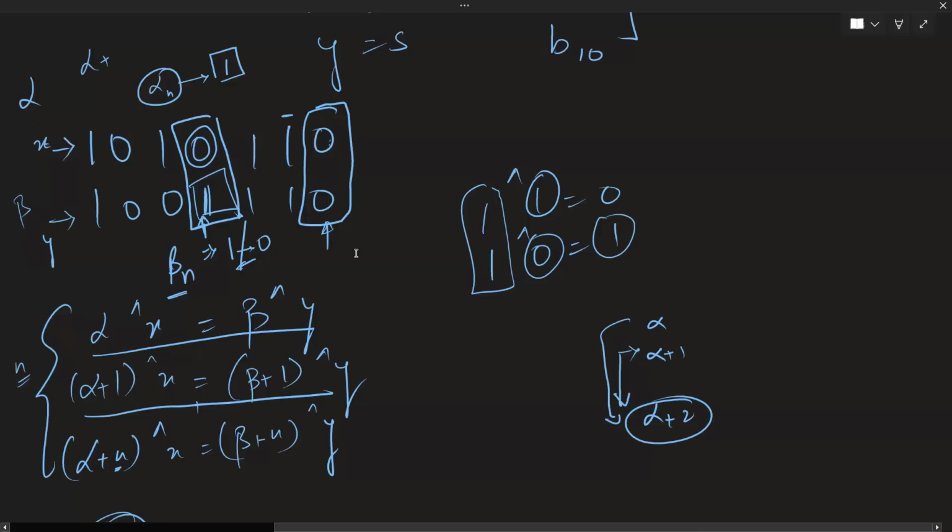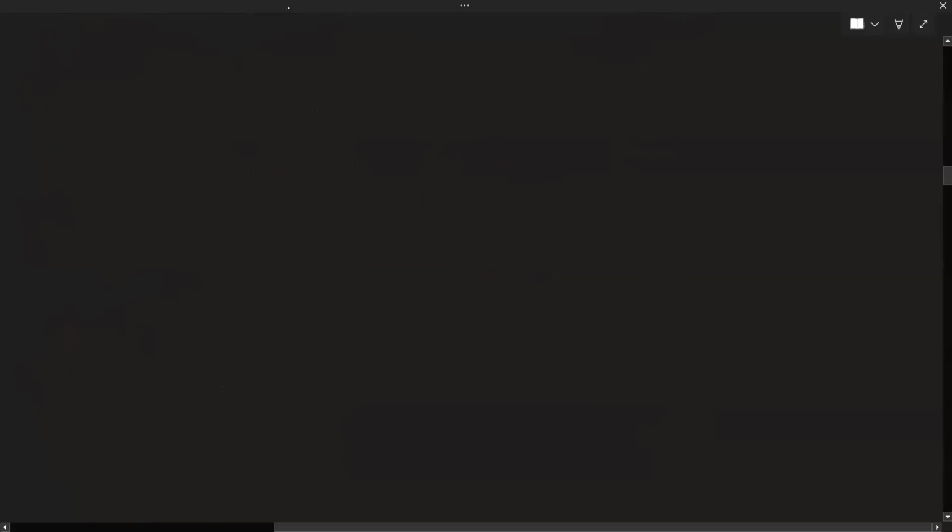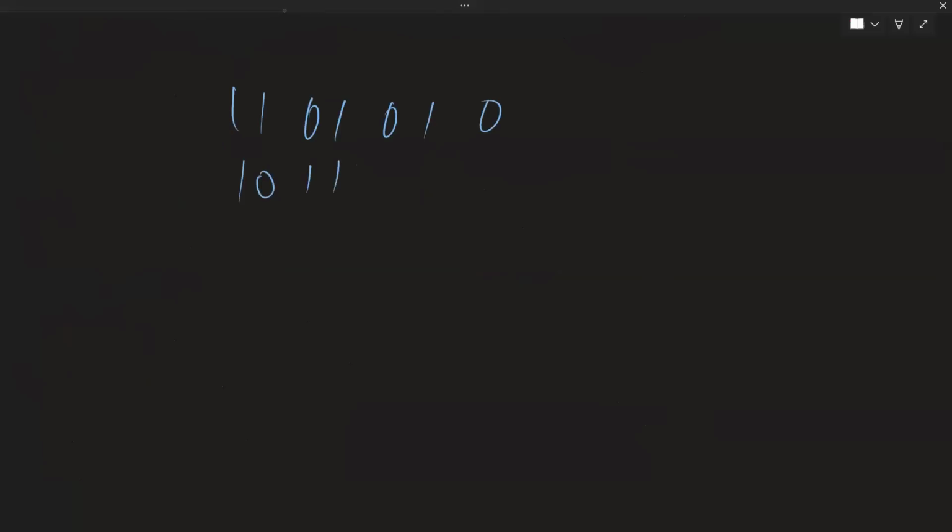So if the bits are different, if you have 1 1 0 1 0 1 0 and you have one, this is the first place at which your bits are different. Before this, it doesn't matter, right?